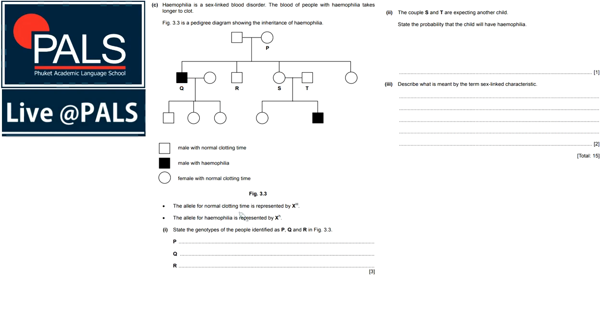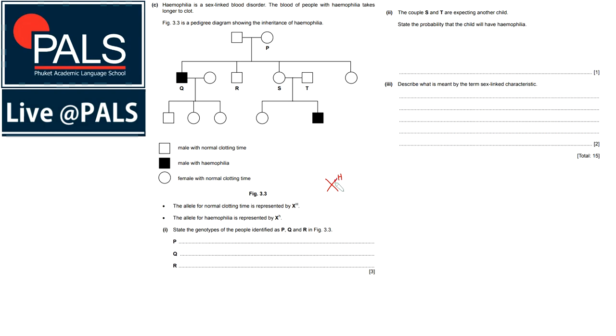The allele for normal blood clotting time is represented by XH. So X with a capital H. That means it's dominant, and it means as well that the gene is located on the X chromosome. So this is a sex-linked characteristic. The gene is on the X chromosome for blood clotting, and it is not on the Y chromosome.